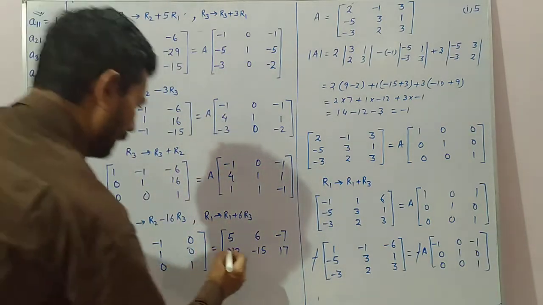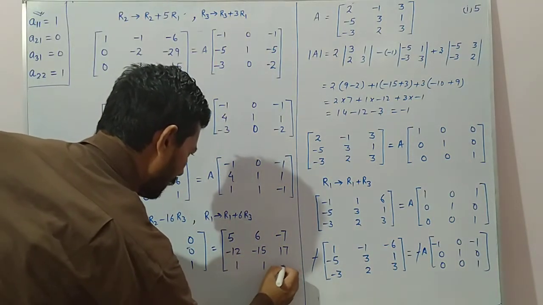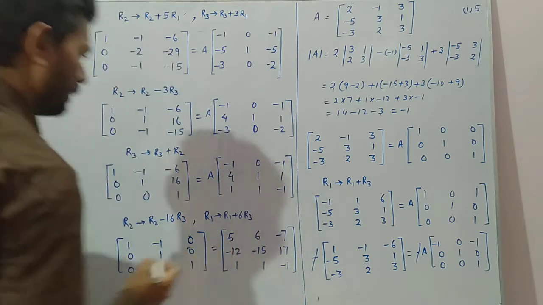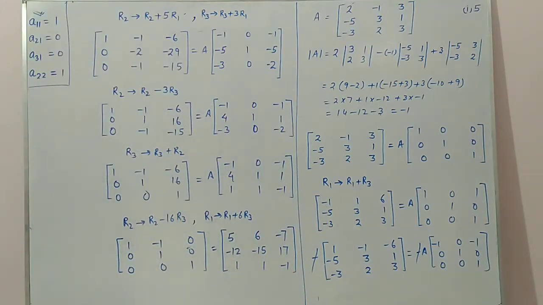And this one is 1, minus 1. Okay. Now see here. So you are getting 5, 6, minus 7, minus 12, minus 15, 17, 1, minus 1, 1, 1, minus 1.